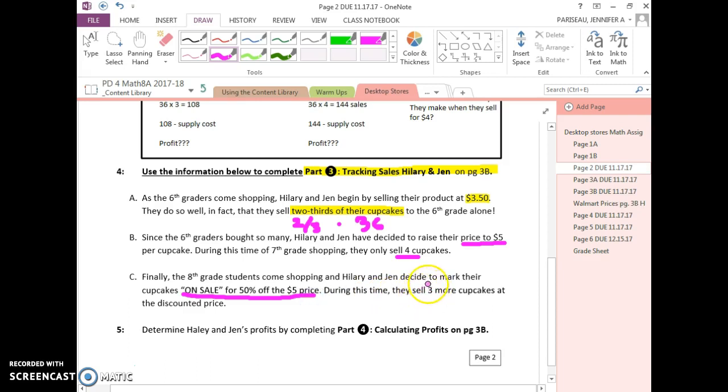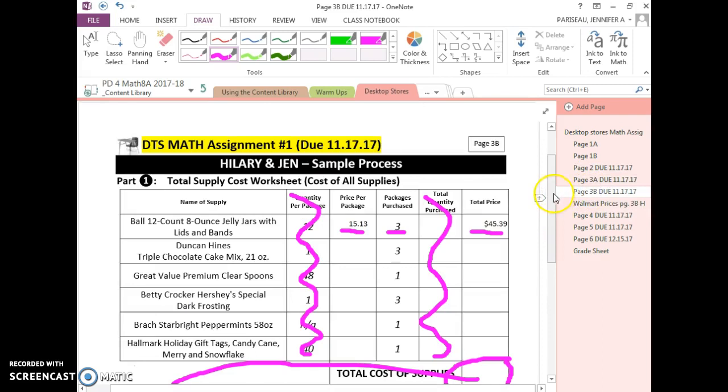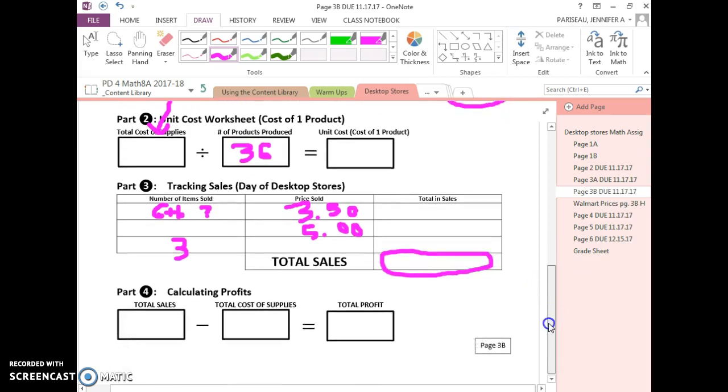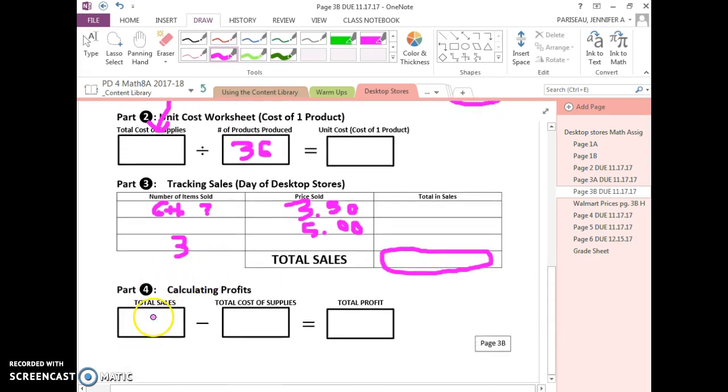And then they sell 3 cupcakes at that 50% off price. So go ahead and total up what they made in sales for the entire day. You're going to put that here. You got to subtract your cost of supplies, and then that'll give you their total profit.